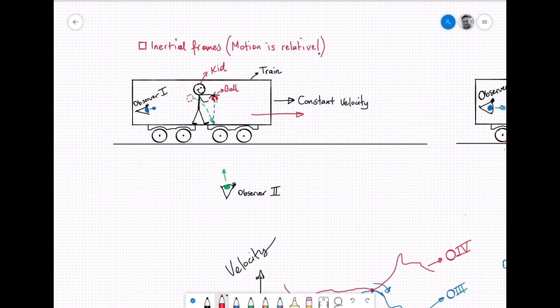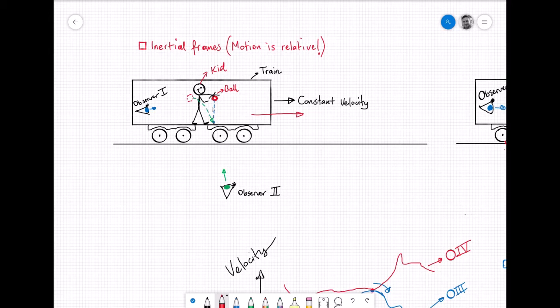When the kid releases the ball from his hand, observer 1 sees the ball following a straight trajectory, but observer 2 will see the ball following a curved trajectory like this one.